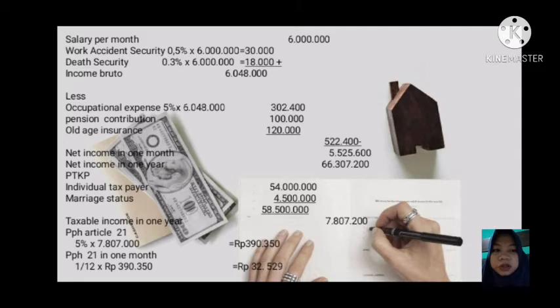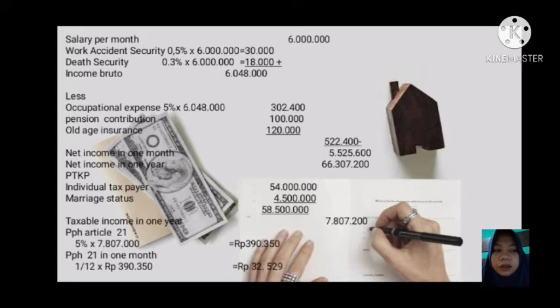And for pension contribution mentioned in the question, the amount is 100,000, and old age insurance he paid 120,000. We total these 3, we get 522,400 rupiah. After that, we deduct it from his salary, we get 5,525,600 rupiah.